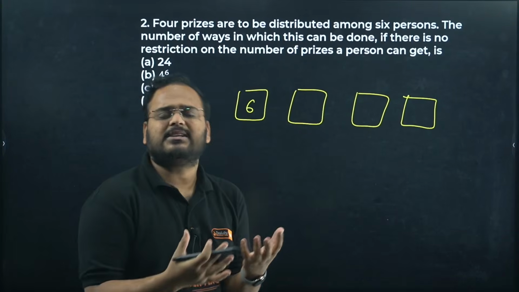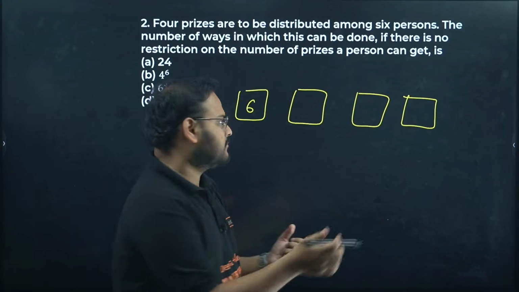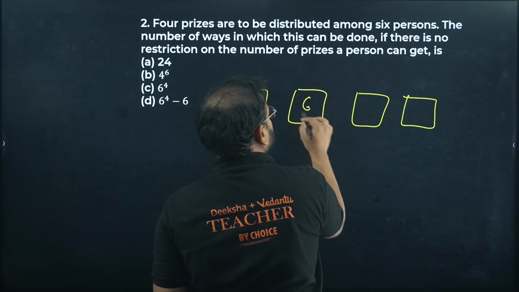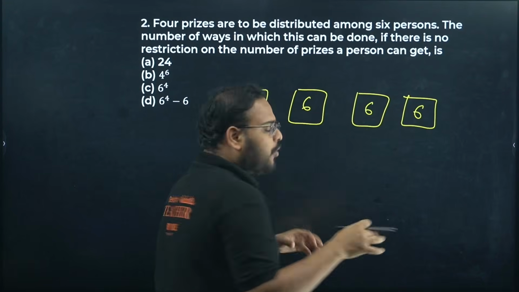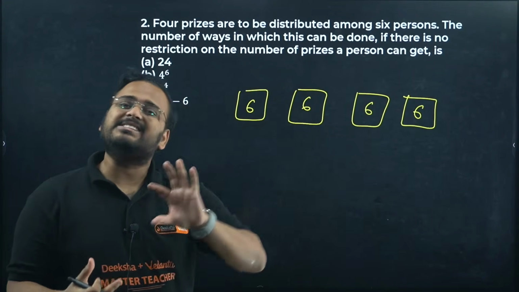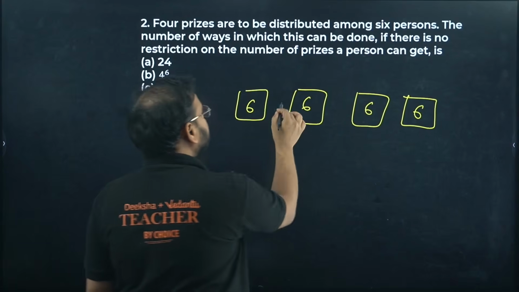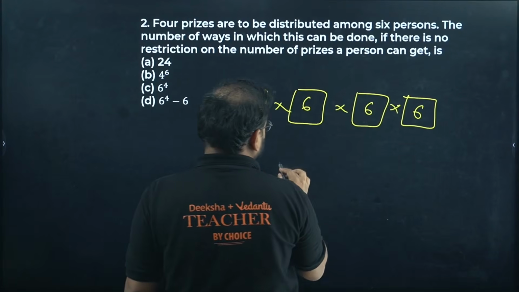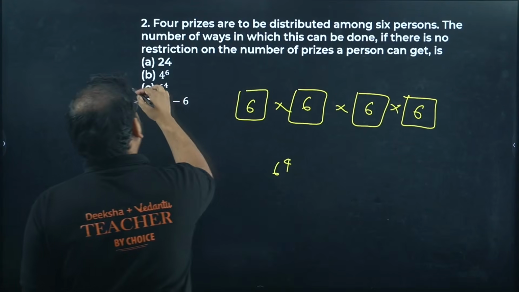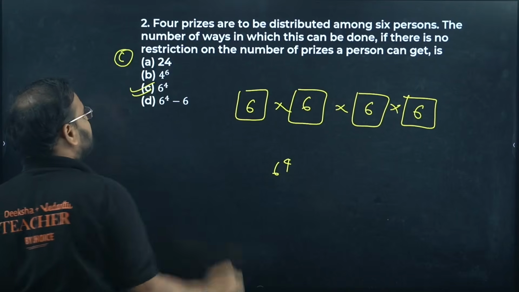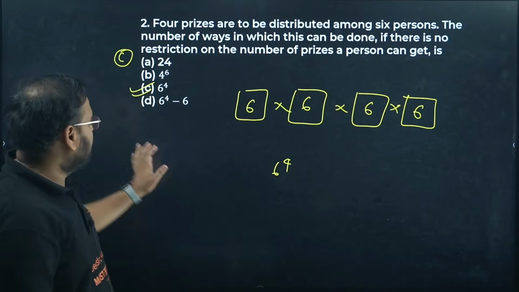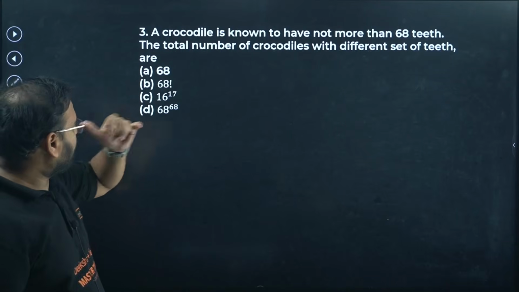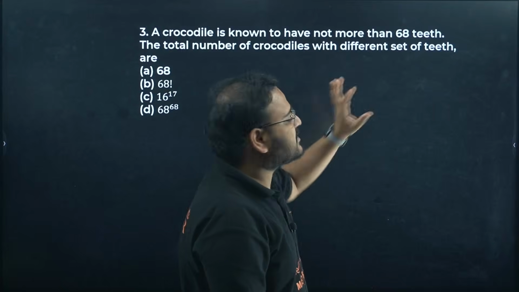For giving the second prize, I have again 6 options, because they're saying no restriction. So 6, 6 and 6. Means all the 4 prizes can be given in 6 different ways. Answer becomes what? 6 power 4. Please check. Make sense?